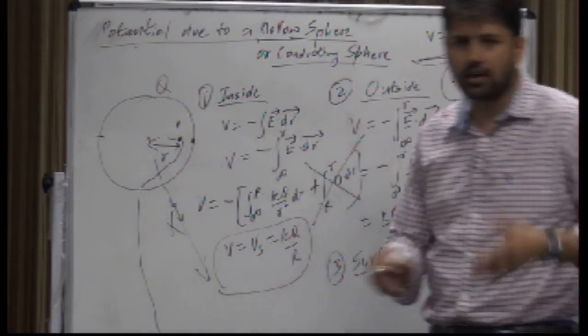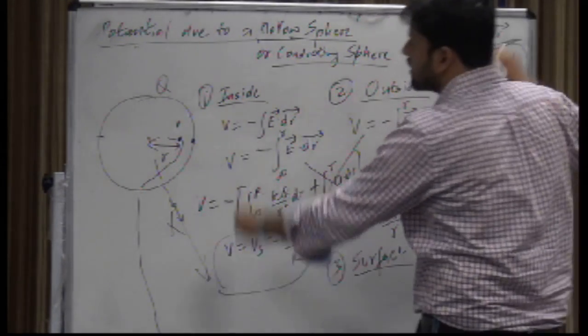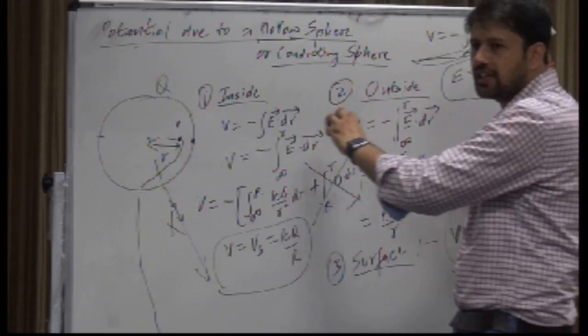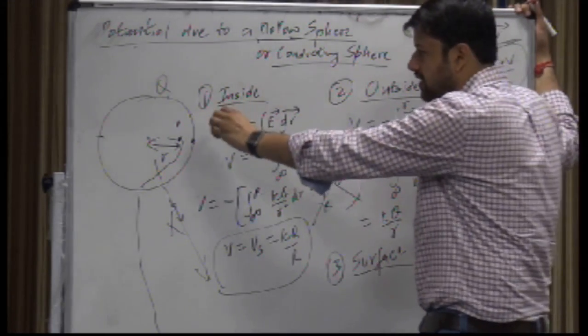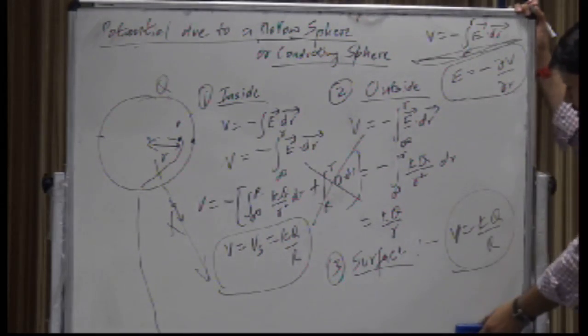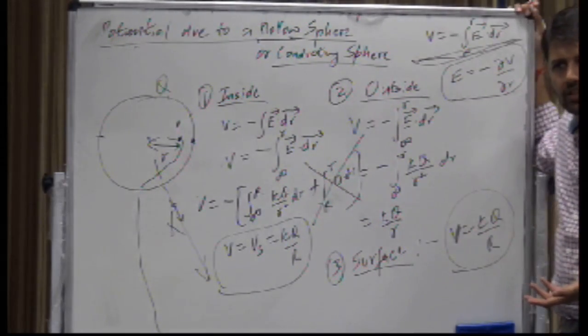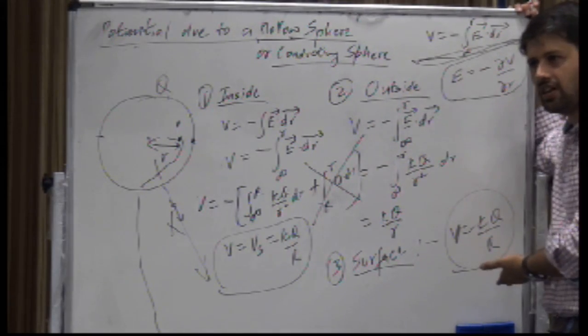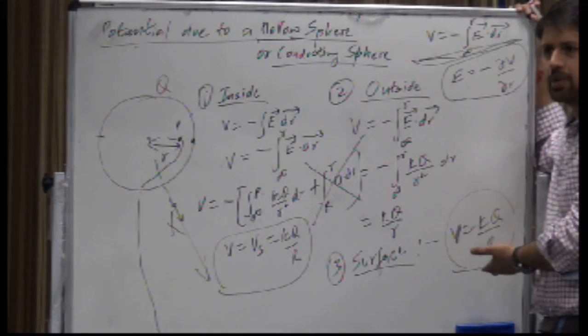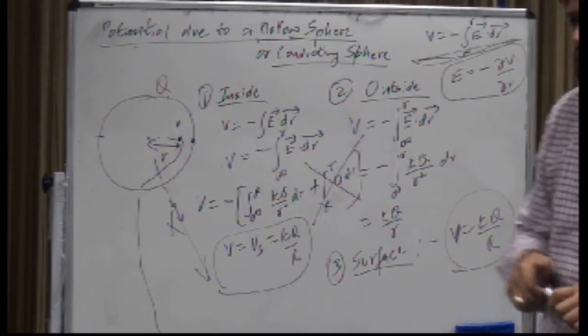I'll tell you how it happens. You brought the charge closer, the potential is increasing, you reached surface, the value would be this, and when you went inside, potential remains constant. How much? Surface jitna. Okay, the last value of potential was surface value. Is it okay?